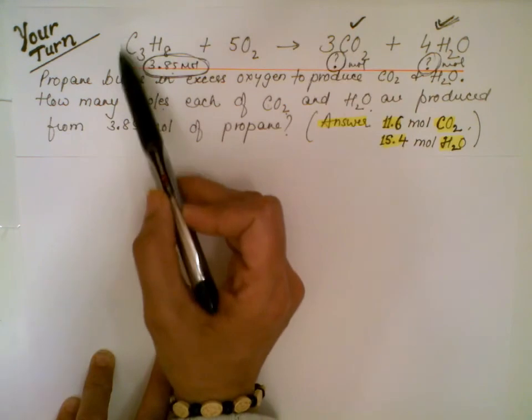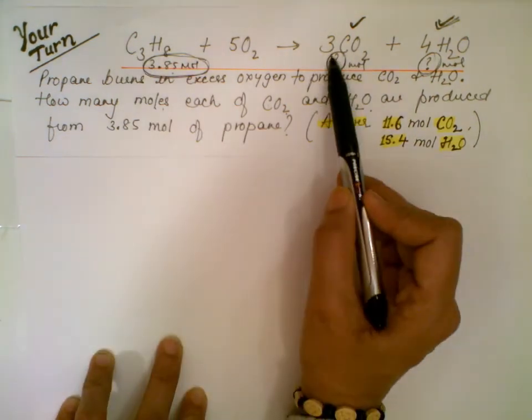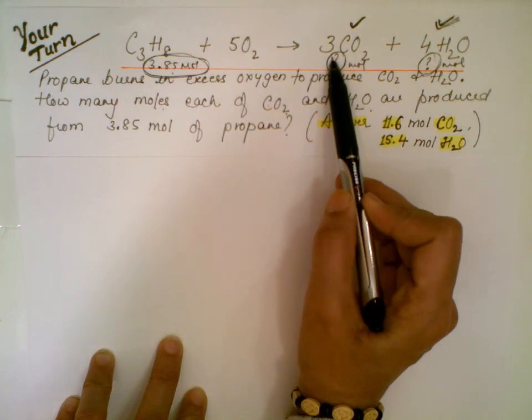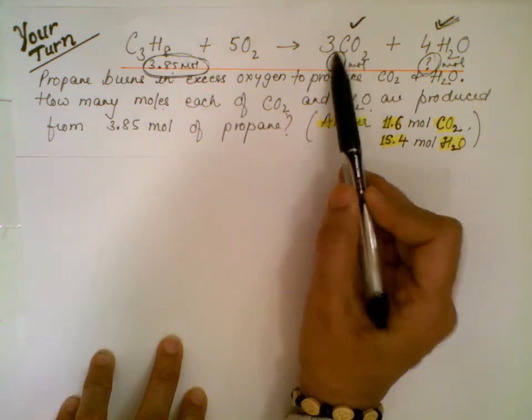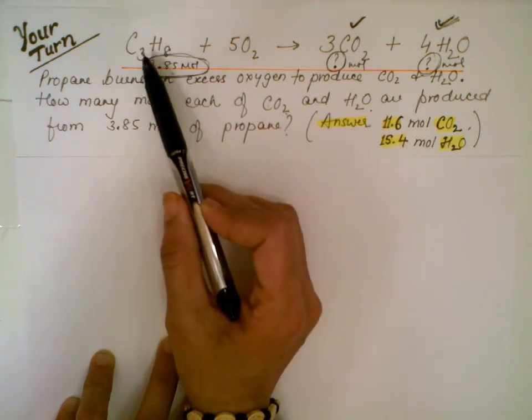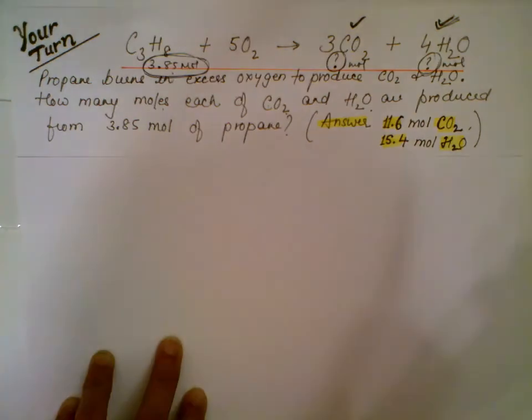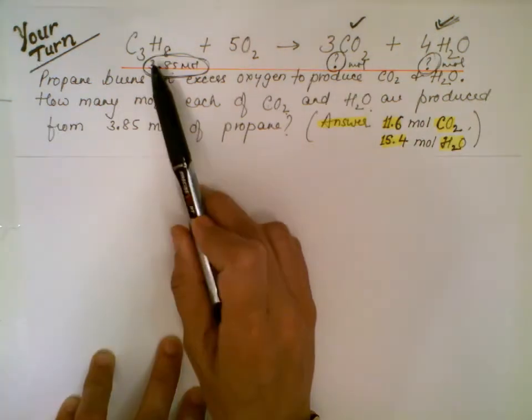For 1 mole of propane used, how many moles of carbon dioxide are produced? 3 moles of carbon dioxide. Or you could say for 3 moles of carbon dioxide produced, 1 mole of propane is consumed. That's the relation between carbon dioxide and propane.